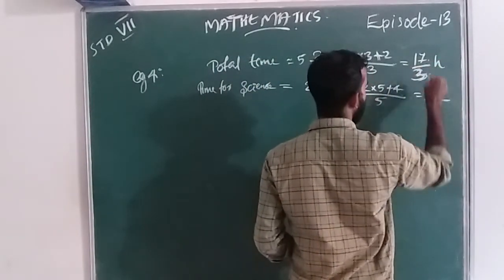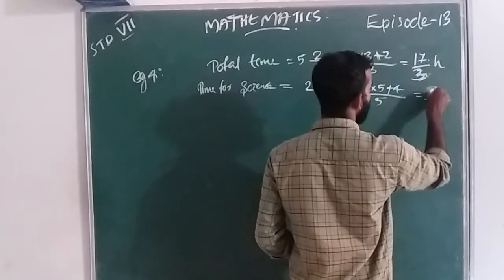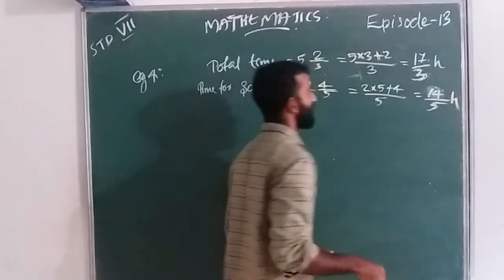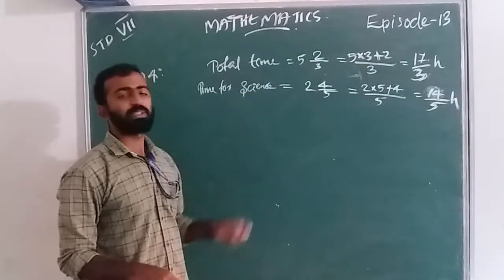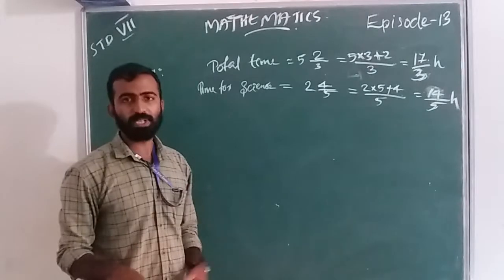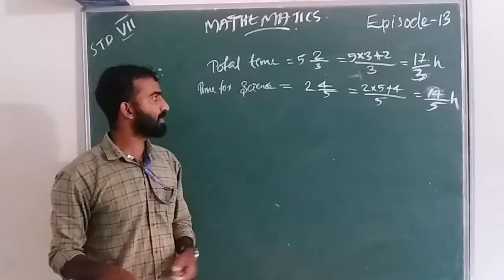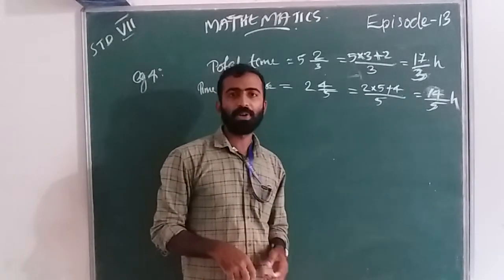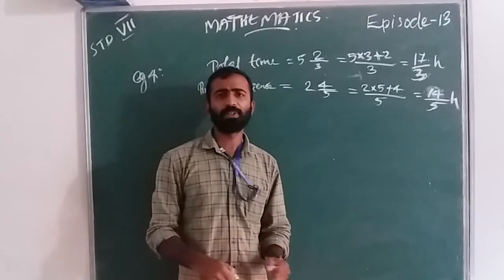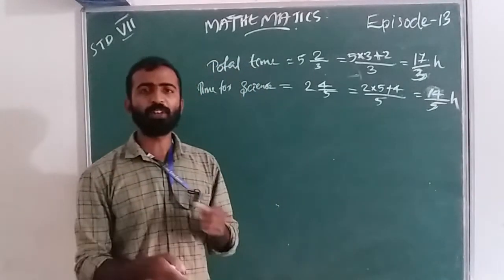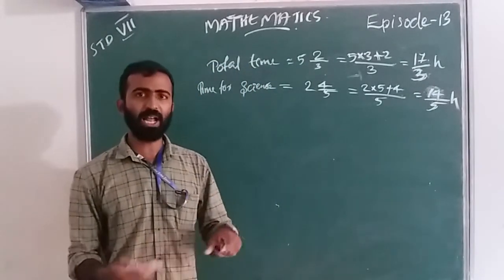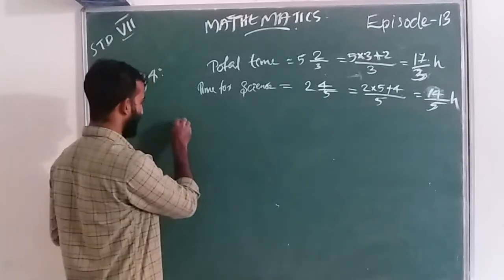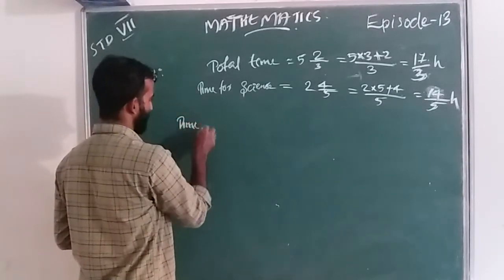The time for studying the science subject is 14 by 5 hours. What do we want to find? We want to find the time for studying the other subject.